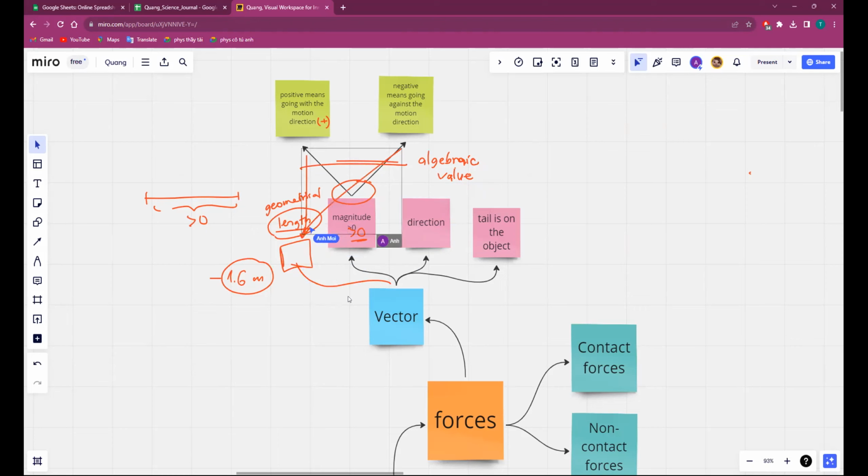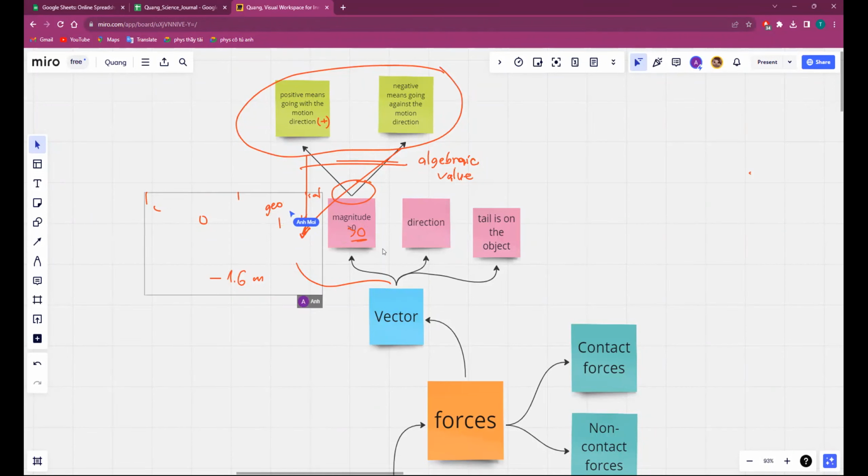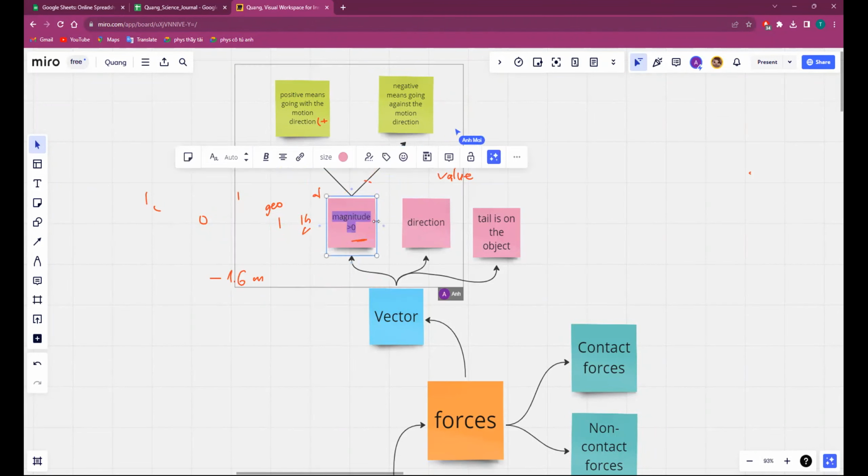Does it make sense? So this one is inside the algebraic value.